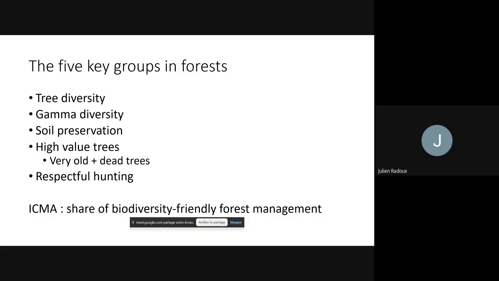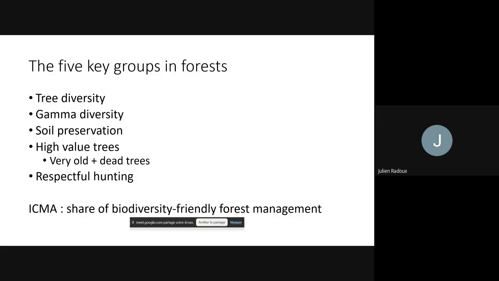Because we know that for forest it's very important to have a core area, and forest needs to be much bigger than grassland, for instance. For grassland, you can have a small grassland that is of very high biodiversity, but you will never get a forest that is of very high diversity if you only have one tree. Even if it's the most beautiful tree of the world, it will not be like inside a forest.